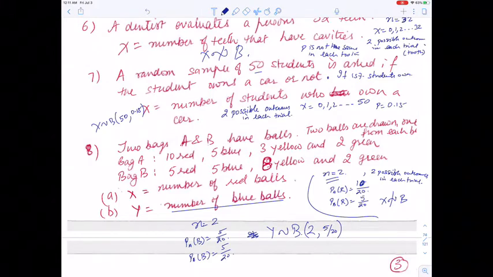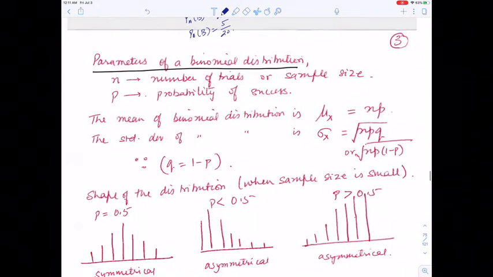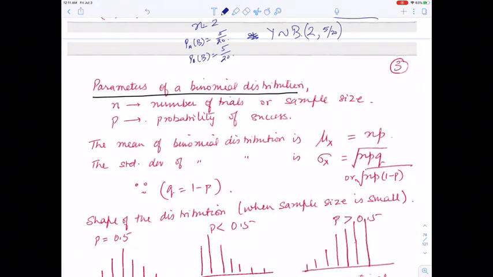Okay, so if you suspect if a variable follows binomial distribution or not, you can check these properties and determine if the variable will follow binomial distribution or not. So if a variable follows binomial distribution, its parameters are n and p, which I've already talked about. The mean of binomial distribution is given by mu x. So instead of just calling it mu, we are calling it mu x so that we can distinguish it from normal distribution.